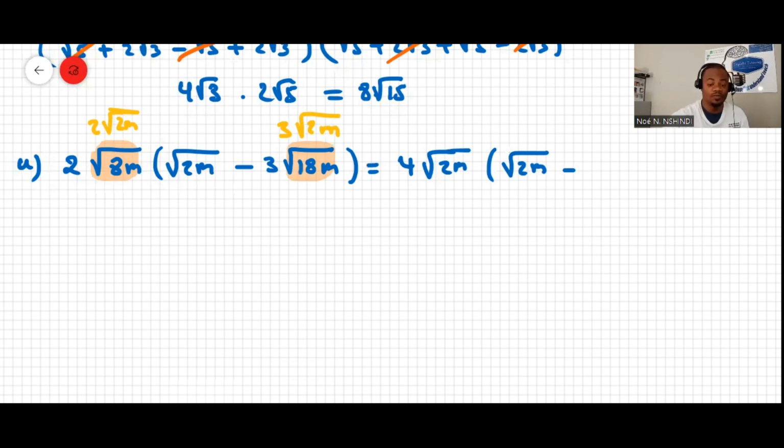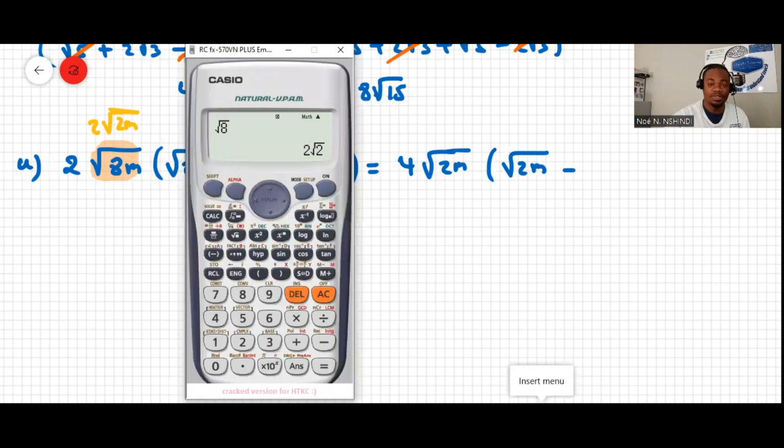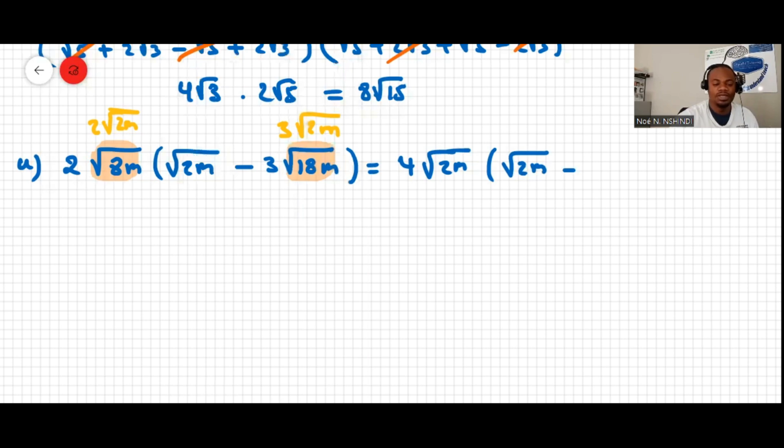Even if the question says solve without the calculator, this can be checked on the calculator, nobody will know. If you do square root of 18 and press equal, that makes 3 root 2. And then 3 times 3 makes 9, so negative 9. That makes 9 root 2m. You can reduce it that way. Now you express it in terms of root 2m.